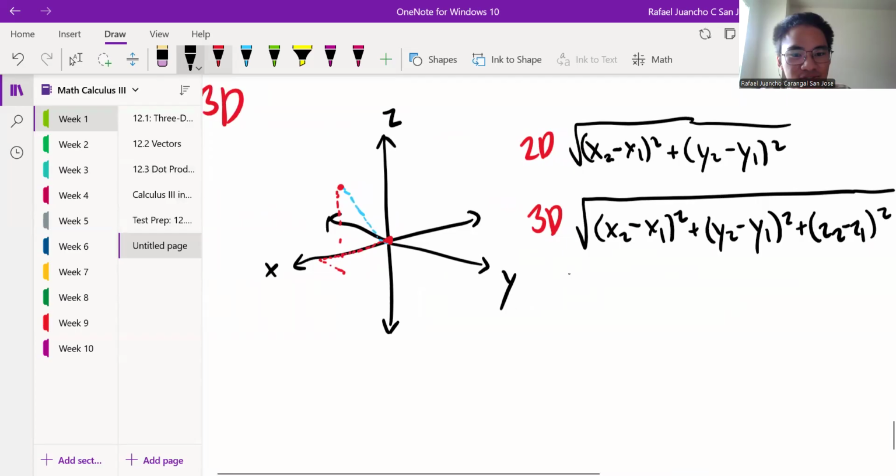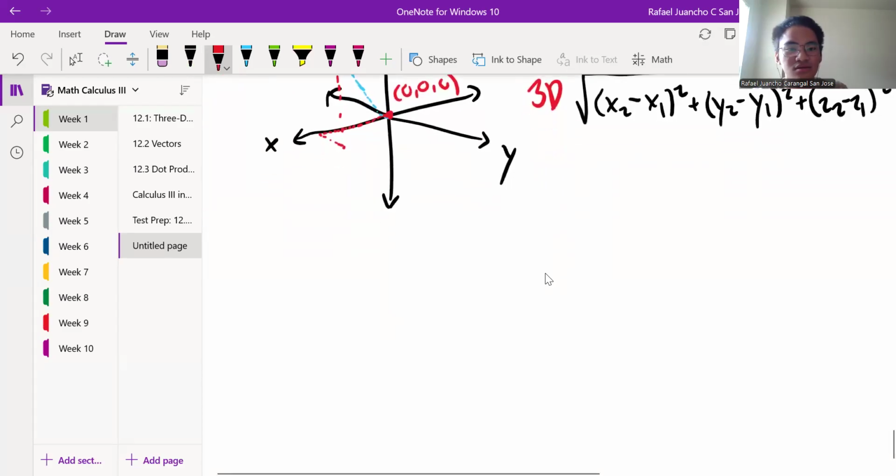Now, how do we apply it? Let's try putting in real examples. So this was 0, 0, 0. This is, say, 5, 2, 6, maybe? What's the distance between those two?